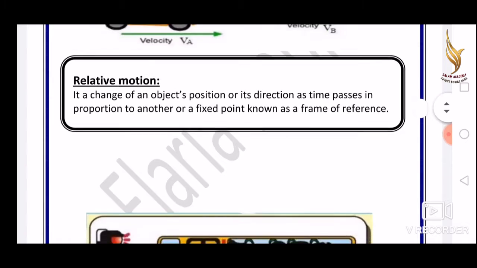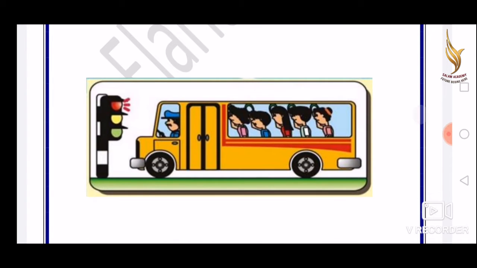Okay? Also look at this figure. The traffic light is called a fixed point. So we said the bus moves 5 meters per second from this point.